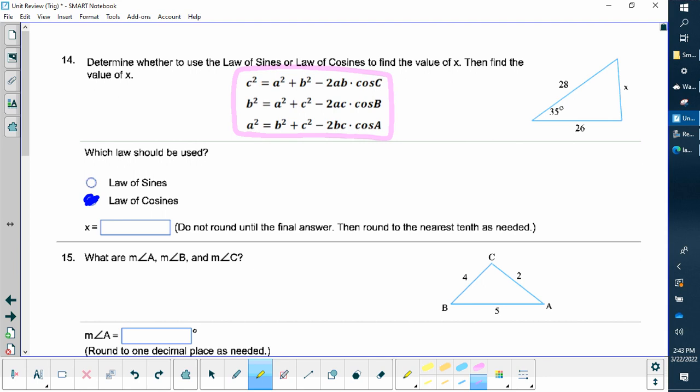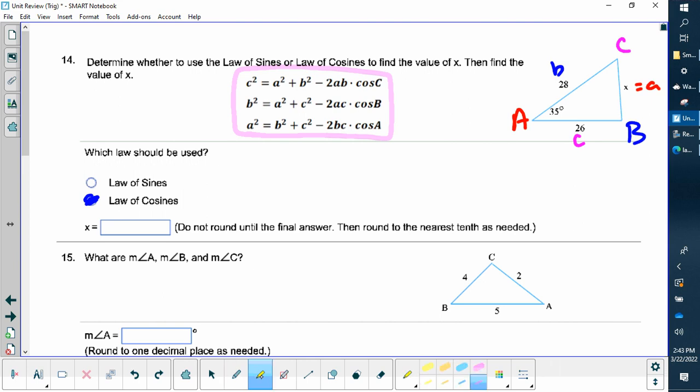For example, let's say this was big A, this would be little a. And then maybe this is little b, and this would be big B. And maybe this is little c here, down here, and this is big C. And then I just look up here, well, which one do I use?